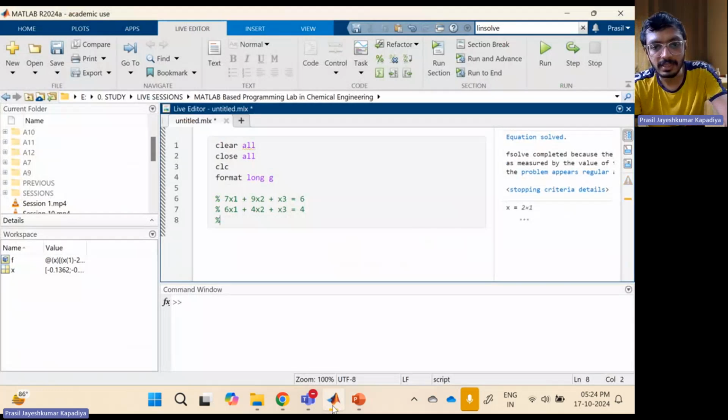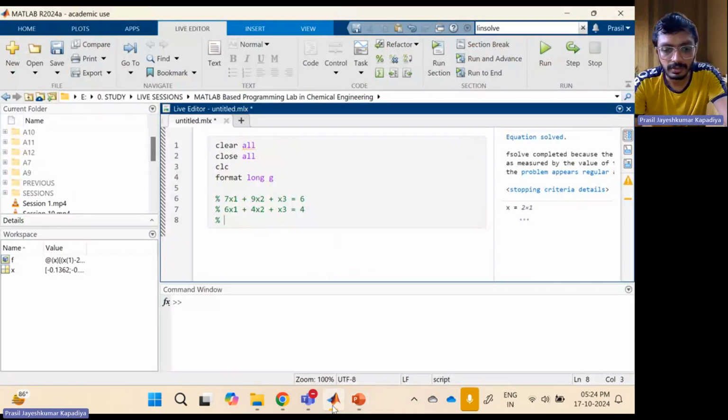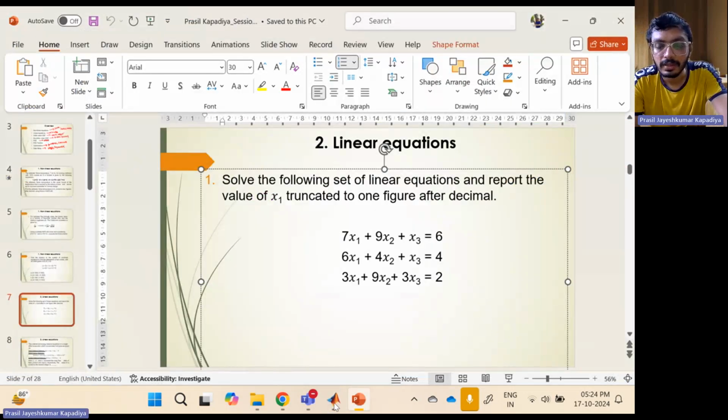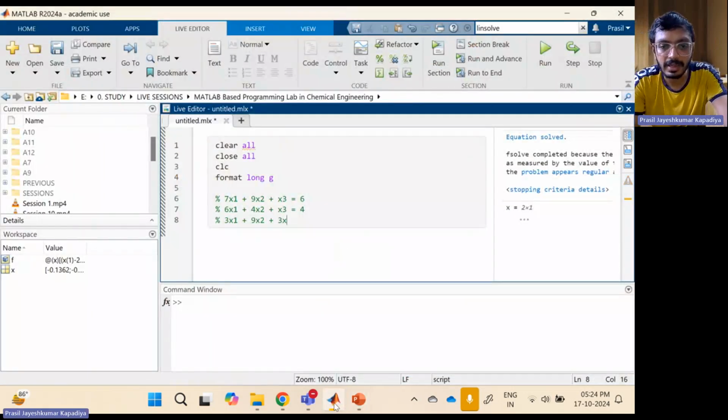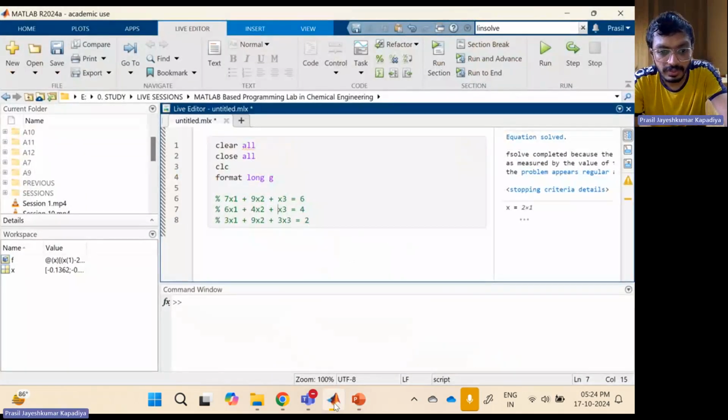And my last equation is 3x1 plus 9x2 plus 3x3 is equal to 2. So here there is a coefficient of 1.